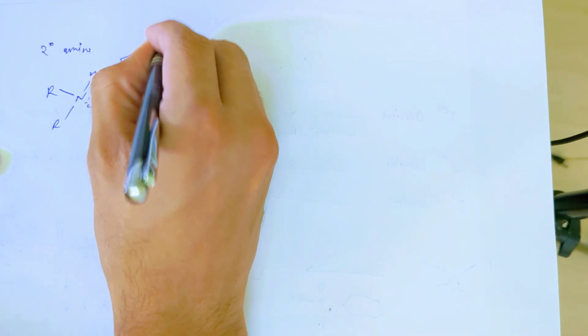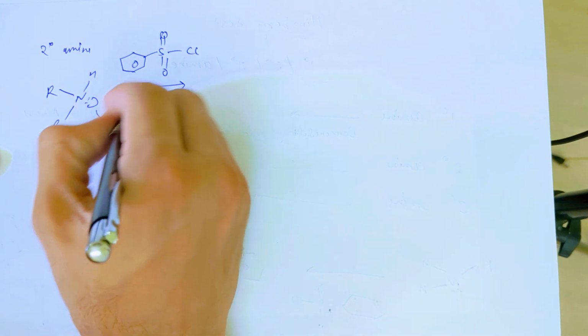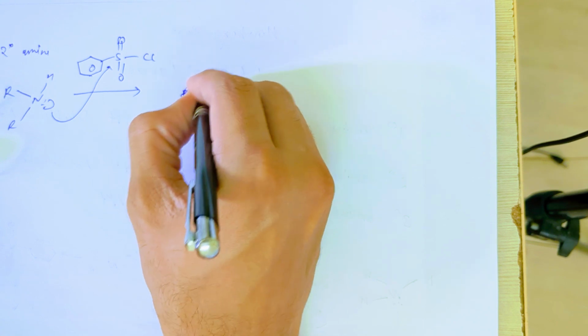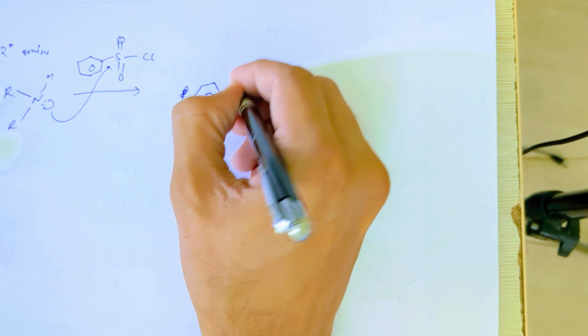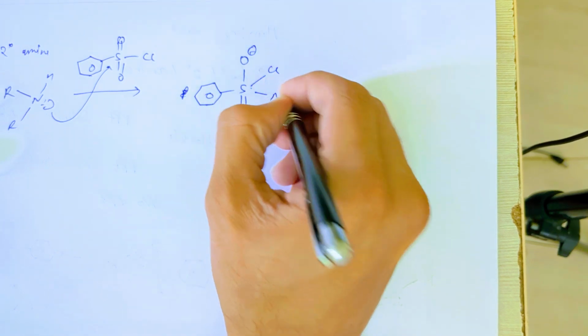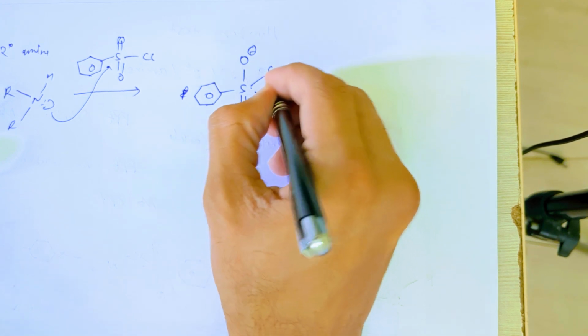Okay, now let's see the mechanism of secondary amine. That is again nitrogen, hydrogen, with a lone pair present, and when it reacts with benzene sulfonyl chloride, it attacks the sulfur and breaks the sulfur oxygen double bond, and we get a positive charge on nitrogen.